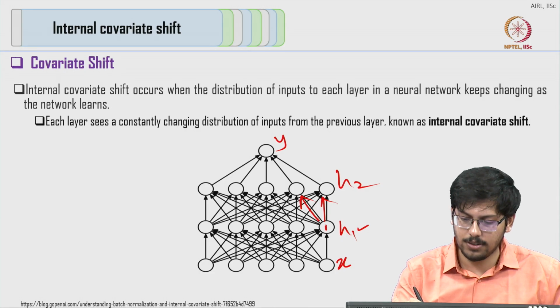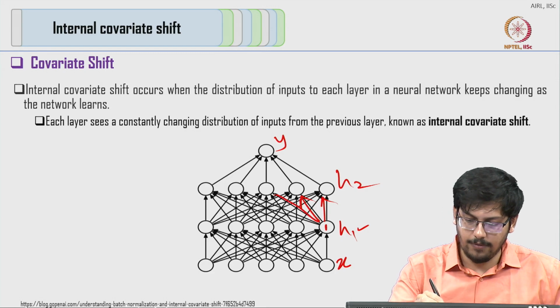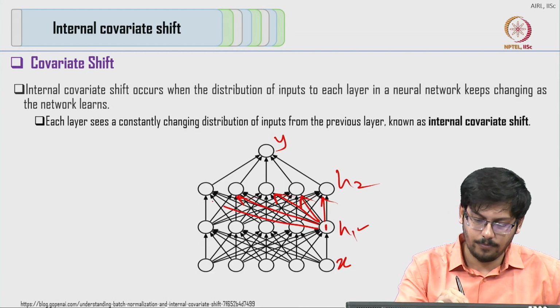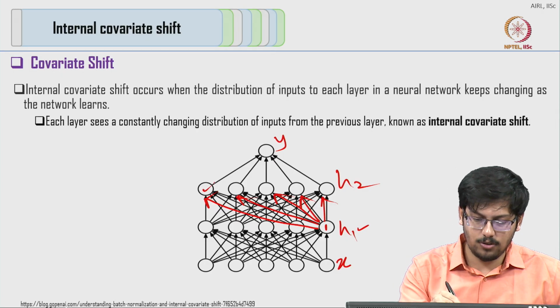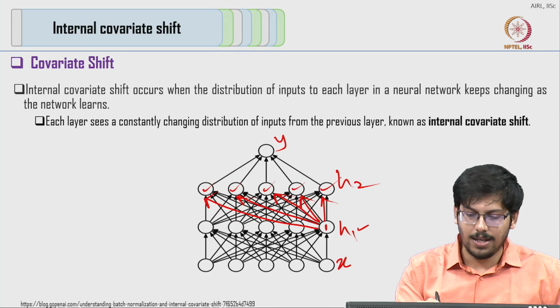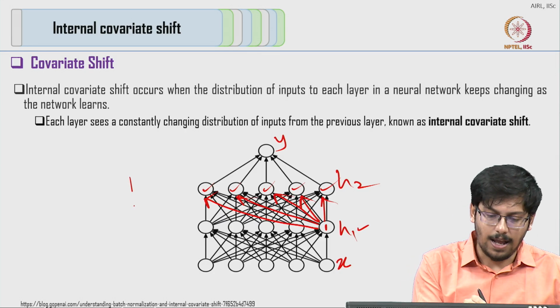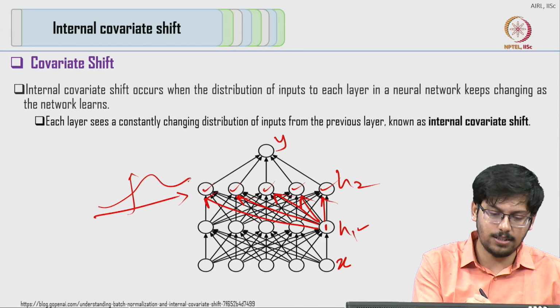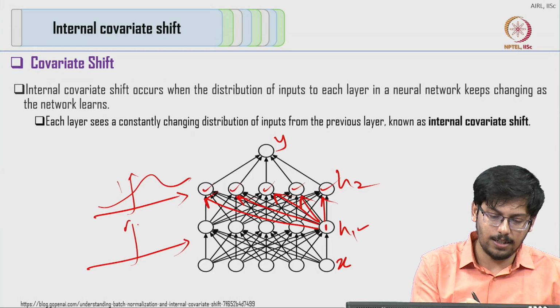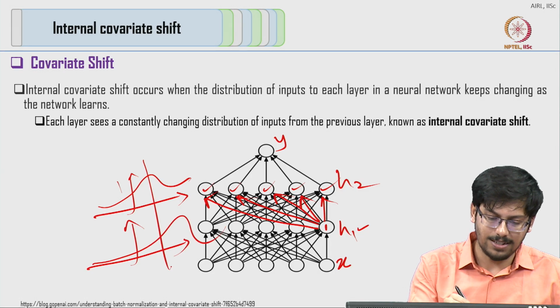Let's look at the first neuron, and we would have connecting weights. Now each of these weights depend on each of these neurons, and each of these neurons have a changing distribution. So for the first iteration it's this, for the second iteration it could be vastly different, right.